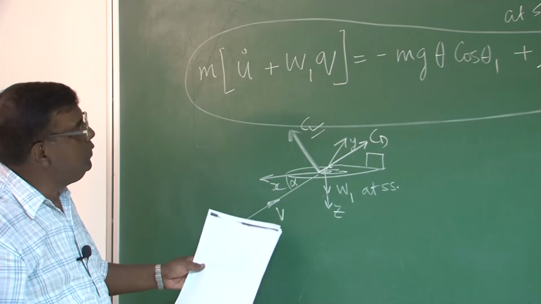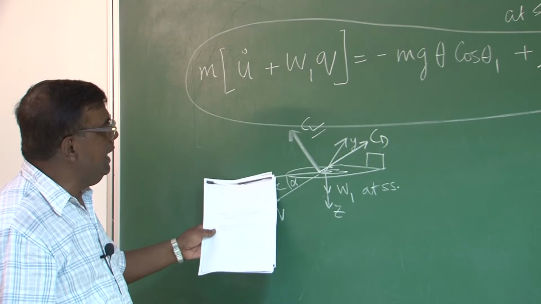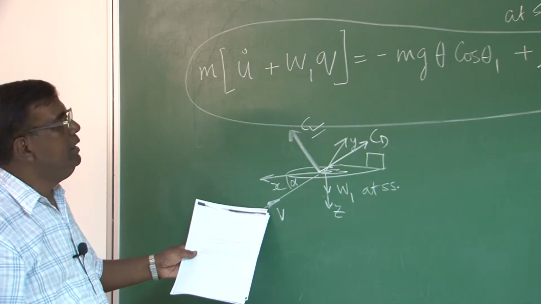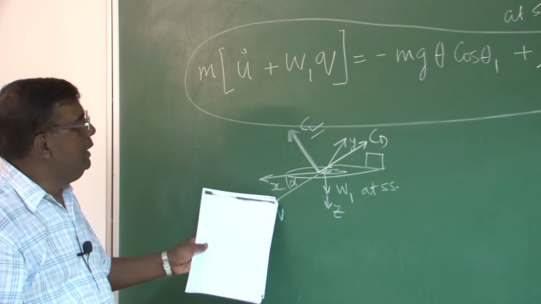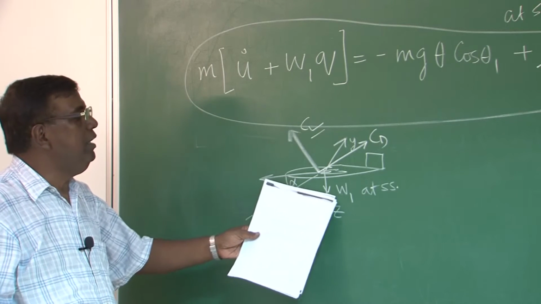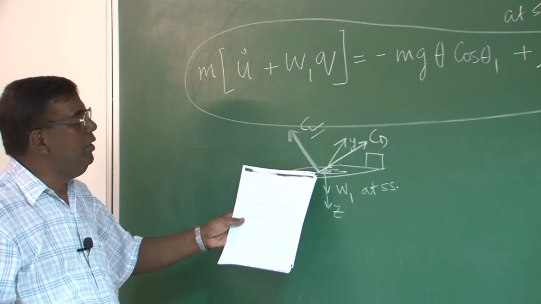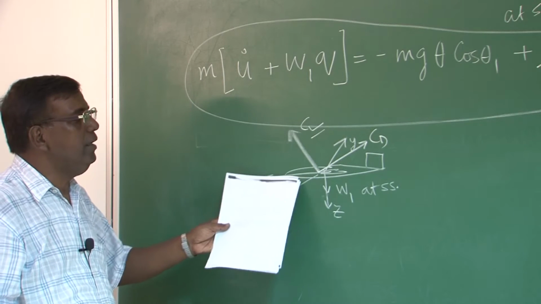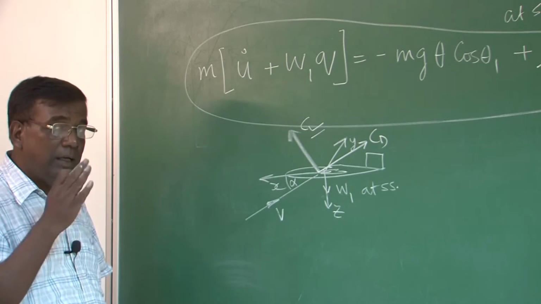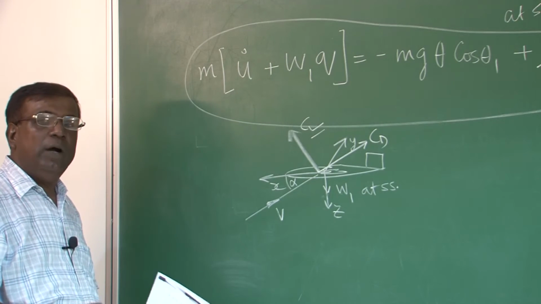So if I choose an axis system such that the x-axis is pointed into the velocity vector in the vertical plane, then W1 automatically becomes 0, and it's very easy as far as aerodynamic mathematical manipulation is concerned. The lift will be perpendicular to the velocity vector along the local x-axis at steady state. So your W1 will always become 0 at steady state.